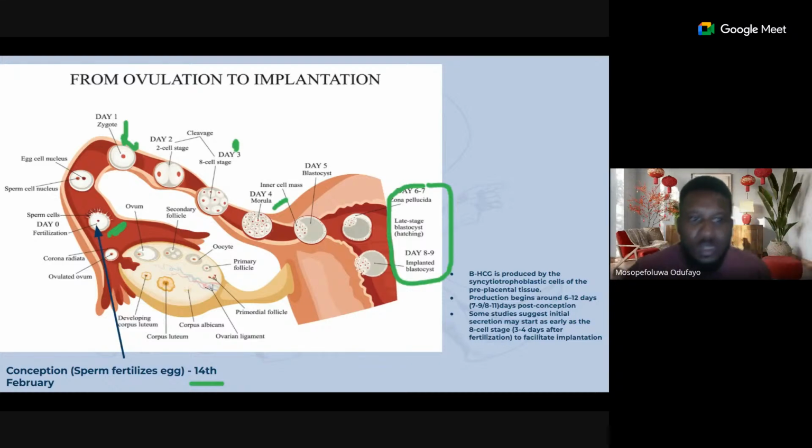Some studies have shown that it can be released as early as the 8th cell stage, but we might not read that, as that might be too early in certain instances.